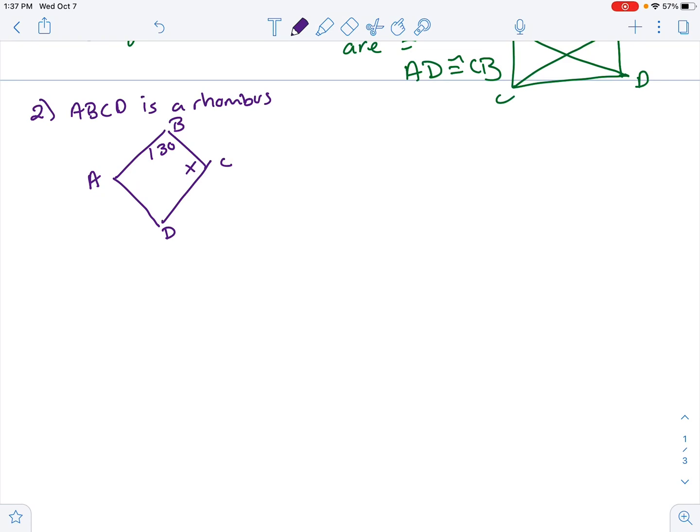They're not all 90 degrees, right? But we do know a rhombus is a parallelogram. We know that in a parallelogram, opposite angles are congruent, but I'm not given opposite angles. We also know in a parallelogram that consecutive angles, the ones that are next to each other, add to 180. So we have x plus 130 equals 180. I'm going to subtract 130 from each side, so x is 50.